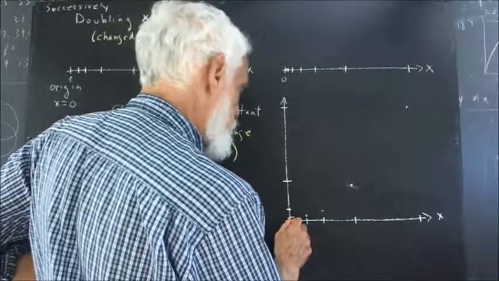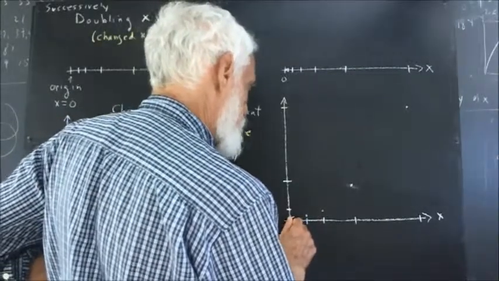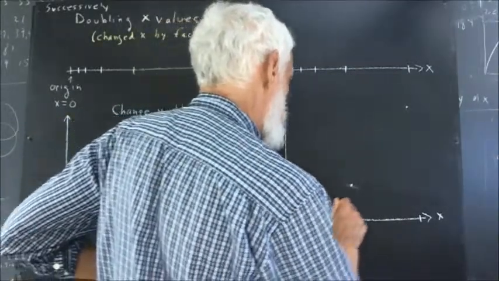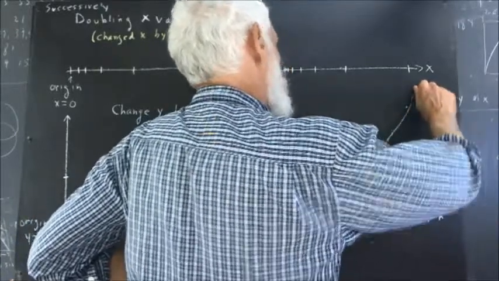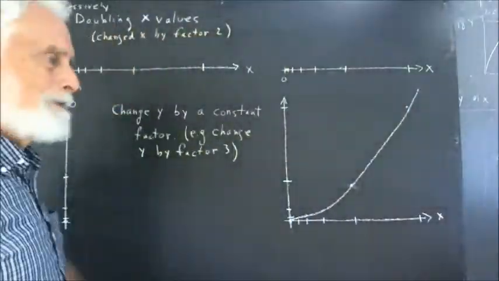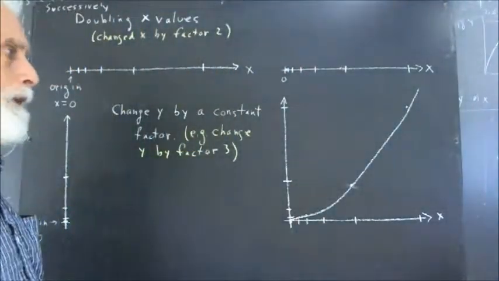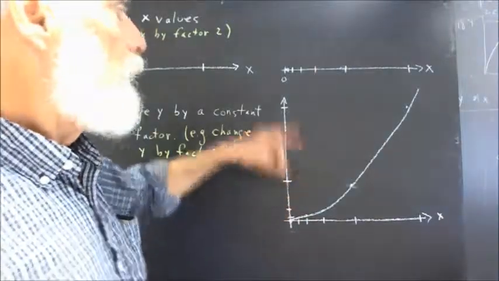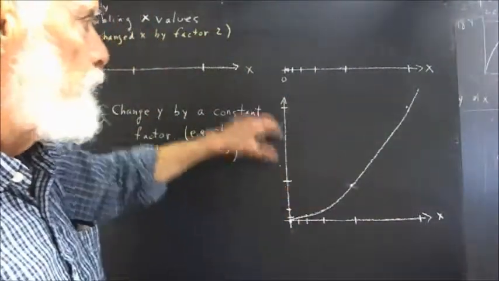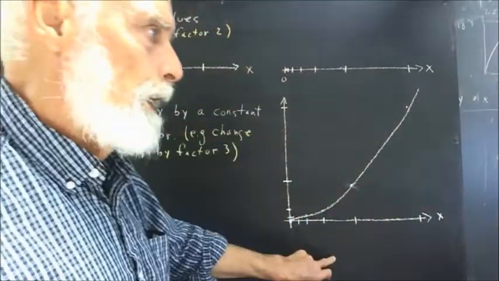So I'm going to include 0, 0 on this graph. Then I'm going to sketch a smooth curve, and kind of screwed up here. I didn't keep curving like I should have. But we get the idea of how this graph represents a tripling of y whenever x doubles.